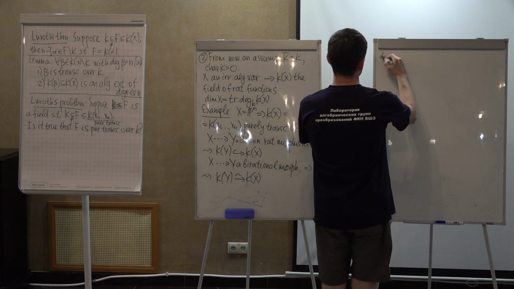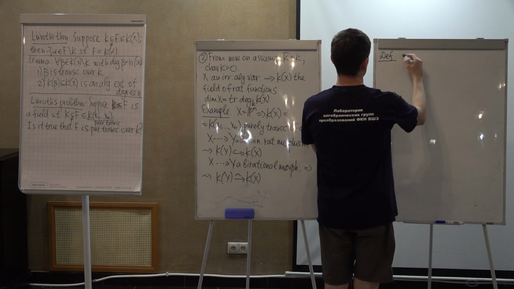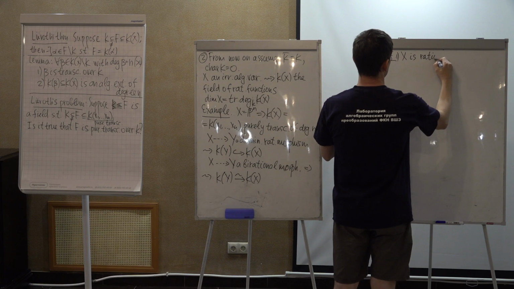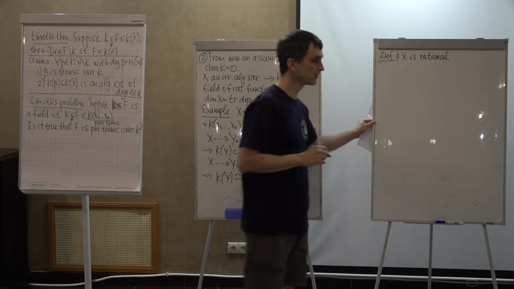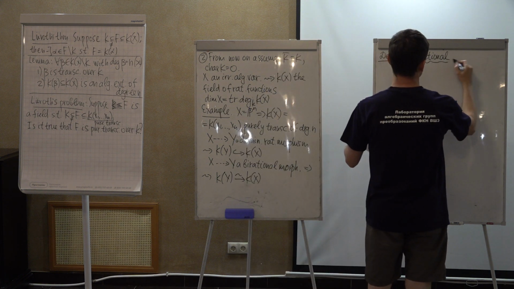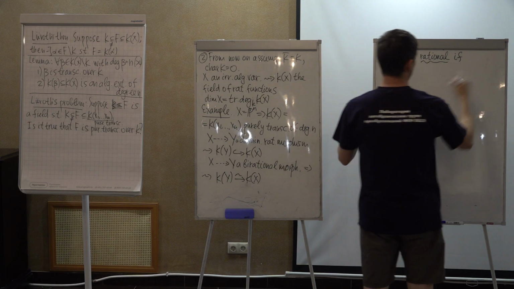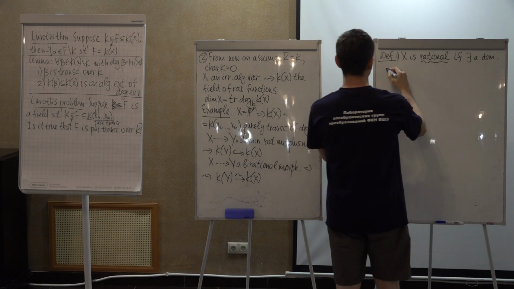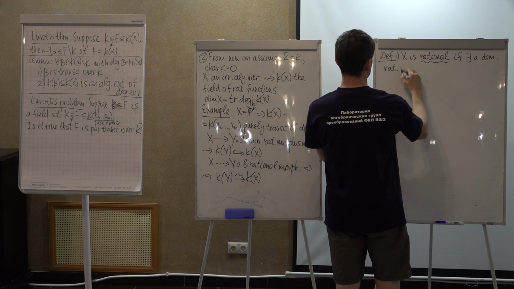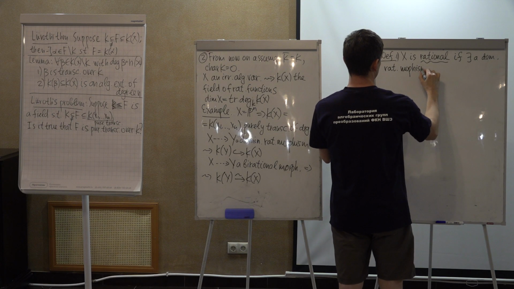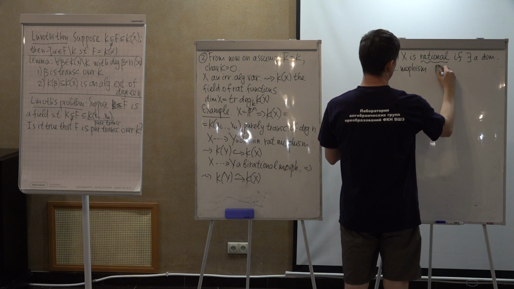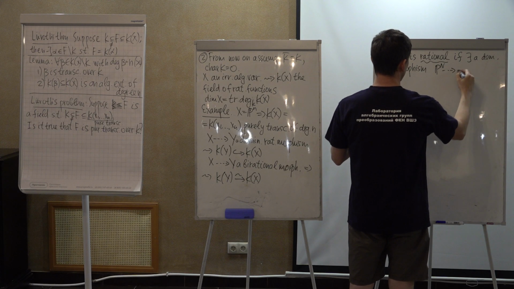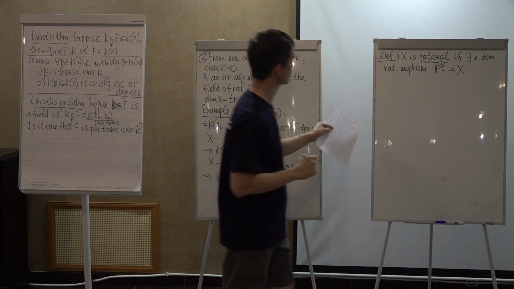Now let me define two notions. So the first one, X is rational if there exists a dominant rational morphism from some projective space to X. Oh, sorry.